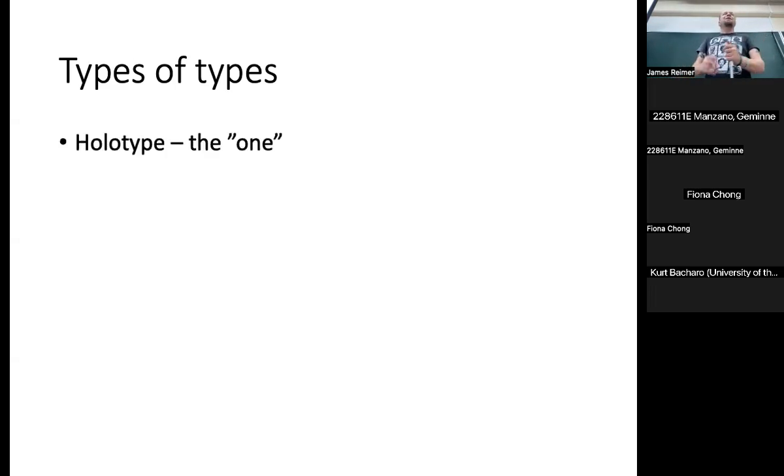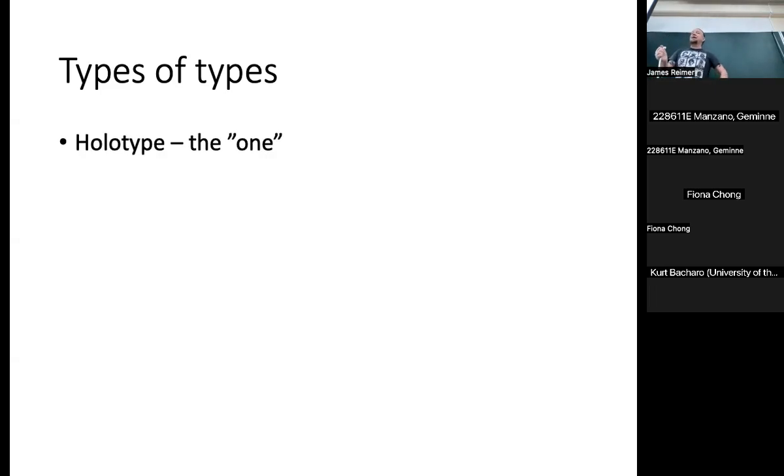First is holotype. This is the one. This is the most important. You guys know the word holobiont, if you study corals, right? The one, this is it. If you are erecting a new species, now in 2024, the one specimen that you choose to be the name of the species is the holotype.